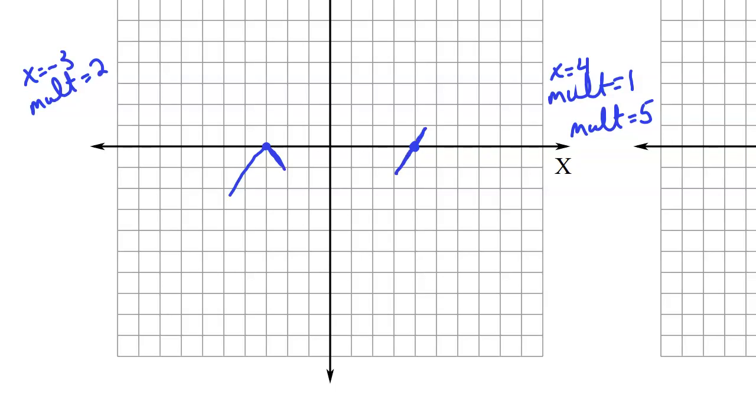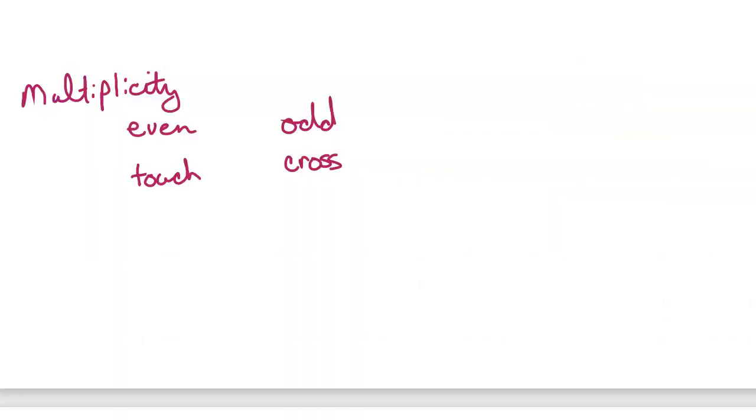So you're on the other side, so you've crossed over. And so when you're looking at the multiplicity, think about it this way: if you're odd, you're on the other side of the x-axis, so you've crossed over. If you're even, you stay on the same side as what you started with.